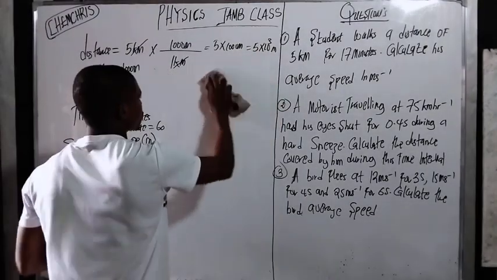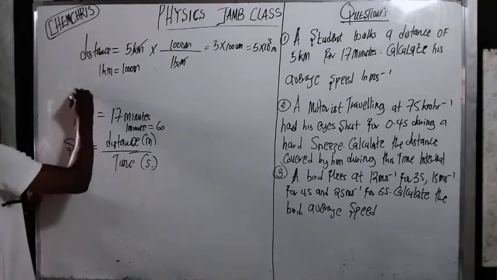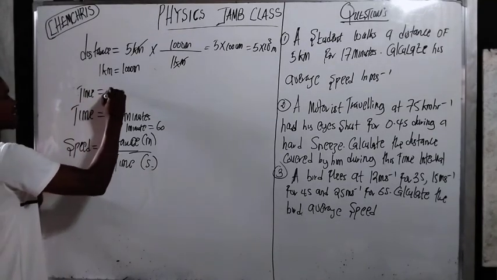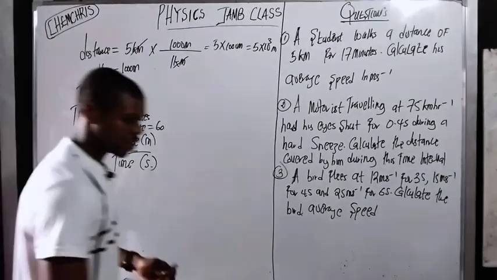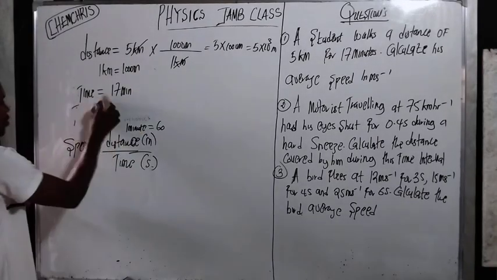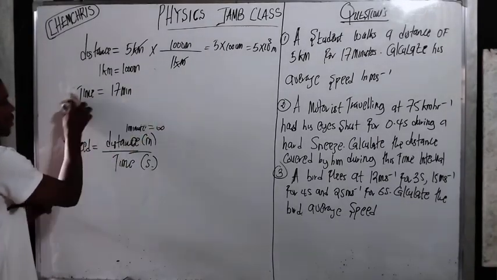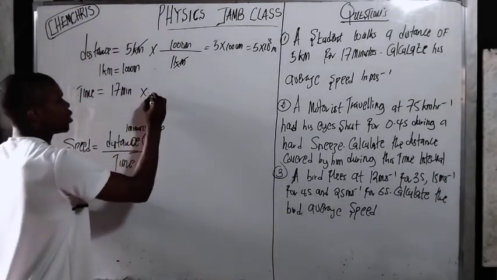Now on the other hand, let us take time. Time equals 17 minutes. I know that for every 1 minute I have 60 seconds, so I convert it by multiplying with a division sign.